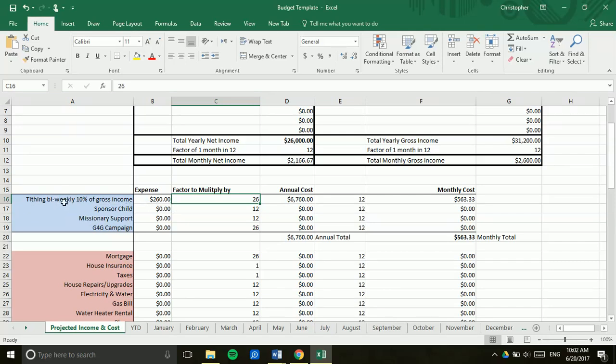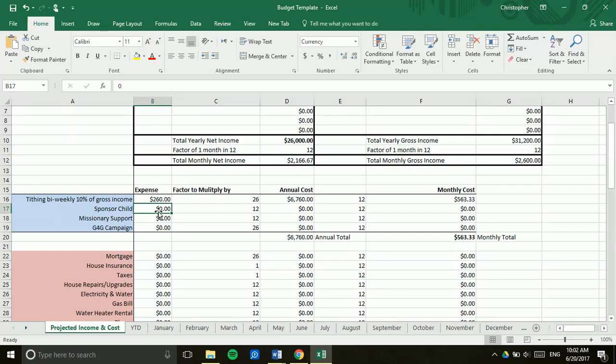I have it set up here bi-weekly, so you can figure out that amount, 31,000 divided by 26 pay periods, and that would give you the amount that you need to take 10% off for your tithe. Anyways, you can figure that out. You put the expense here, the factor to multiply by, and that would be the annual cost. So let's say it was $260, and the annual cost of tithe would be here.